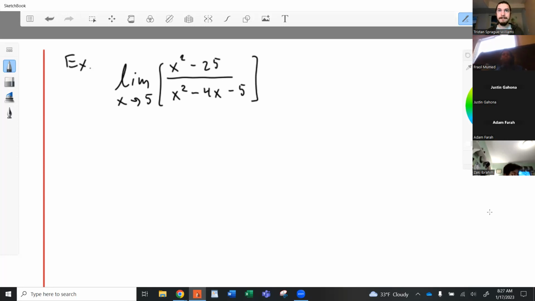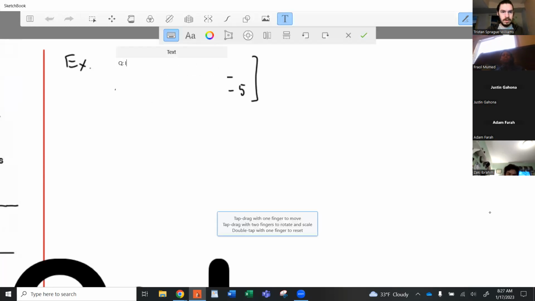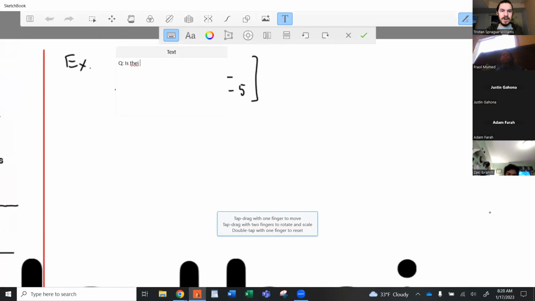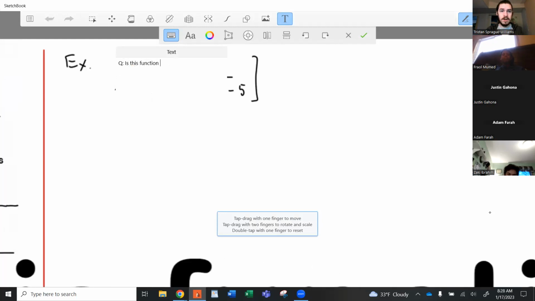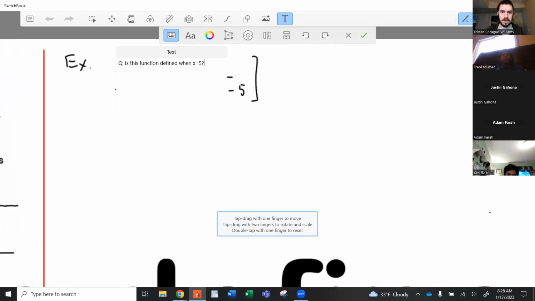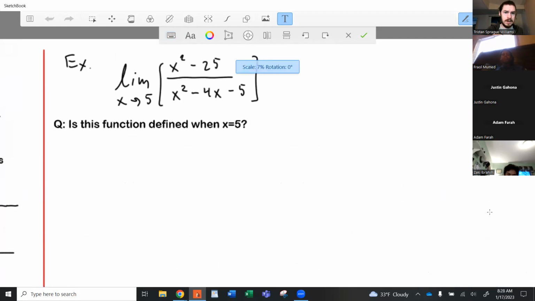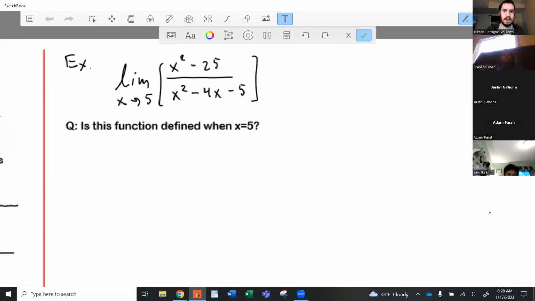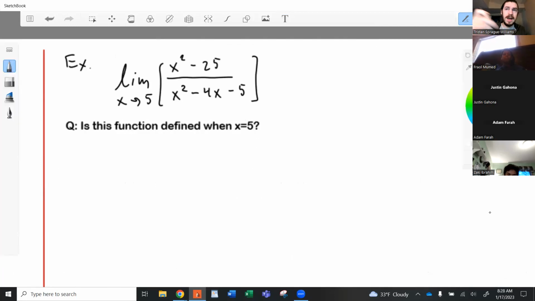All right. Question. Is this function defined when x equals 5? Well, try doing f of 5.